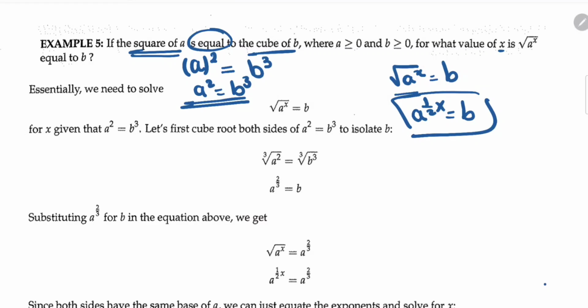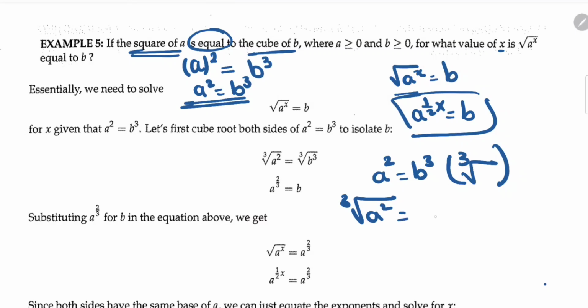Okay, keep it. And what about this one? This one is a to the power 2 equals b to the power 3. I wanted b without power 3, so I can take a cubic root for both sides. So it will be cubic root a to the power 2 equals cubic root b to the power 3.